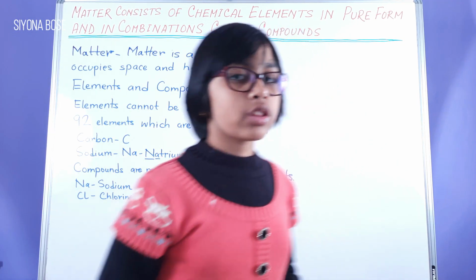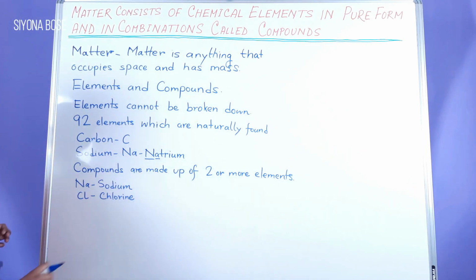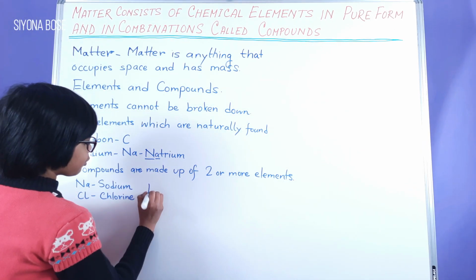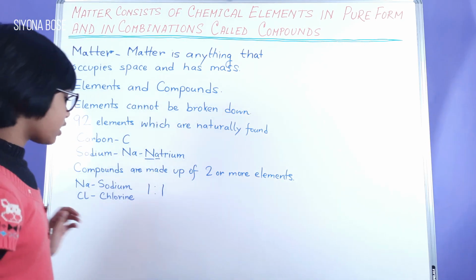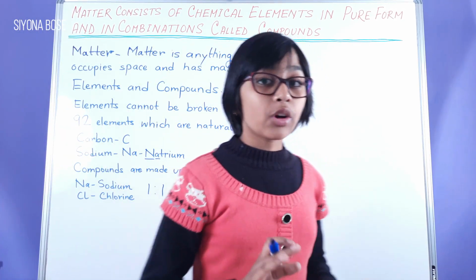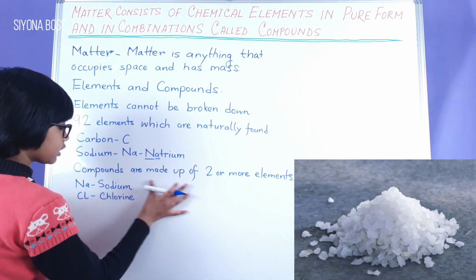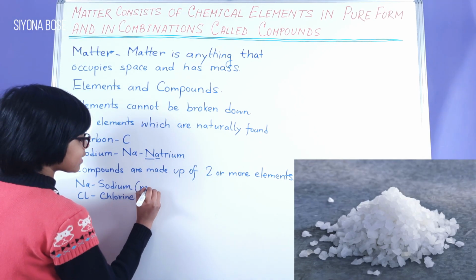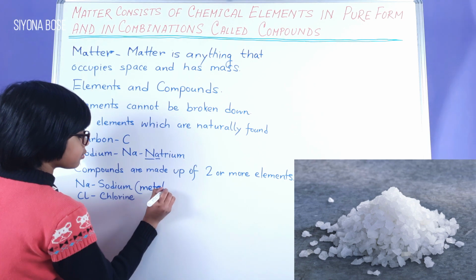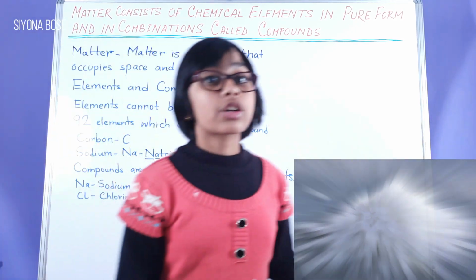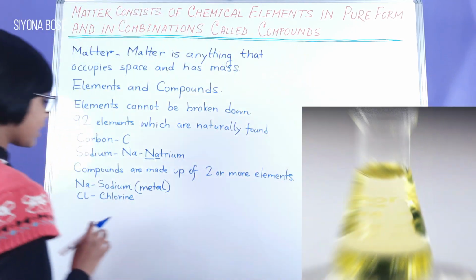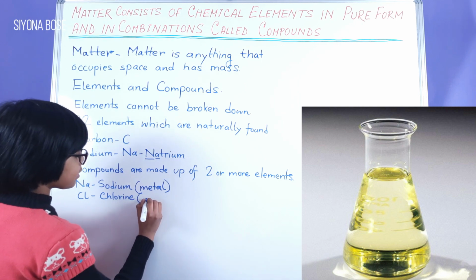But there is a special thing over here. It's in the 1-to-1 ratio. The peculiar thing is that pure sodium is a metal, and pure chlorine by itself is a poisonous gas.